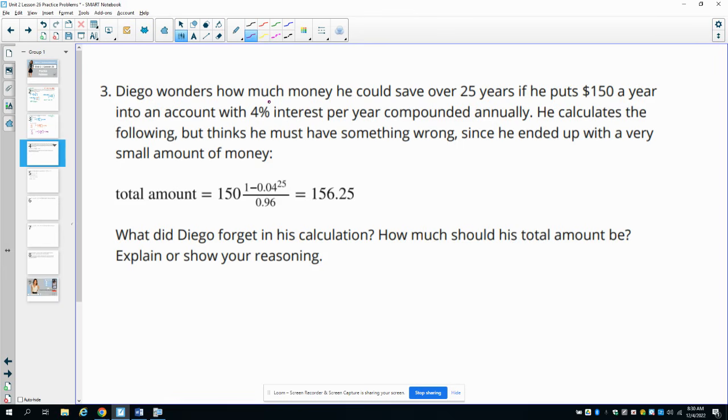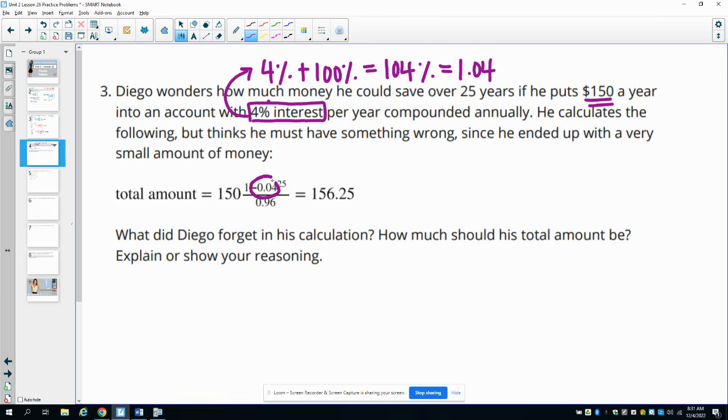So remember, when we're talking about these interest rates, you get this 4%, but it's an extra 4%. So you get the 4% plus you get back 100% of your investment, of your $150. So for this one, the growth rate is 104%, which is 1.04, not just 0.04, which is what Diego did.